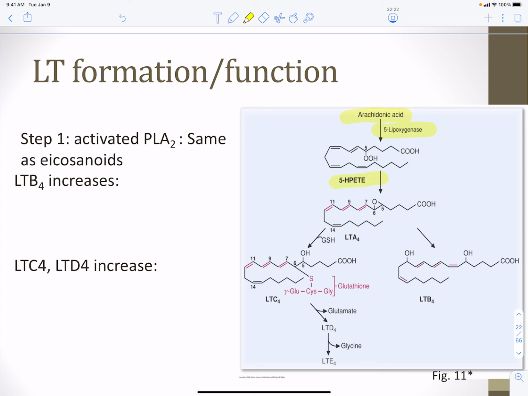And then this is going to form leukotriene A4. And leukotriene A4 can become leukotriene B4, or it could become C4. And then C4 can, through various steps, including your removal of glutamate to form a D4, and then your removal of glycine to form an E4.